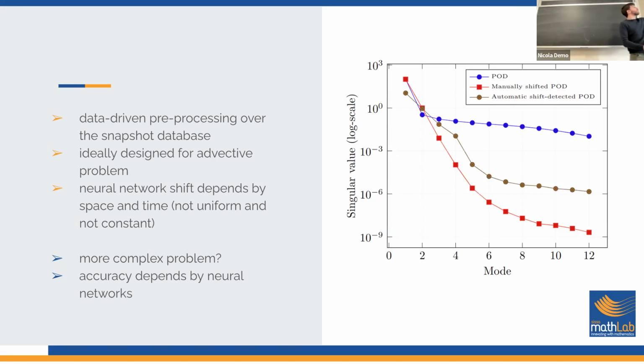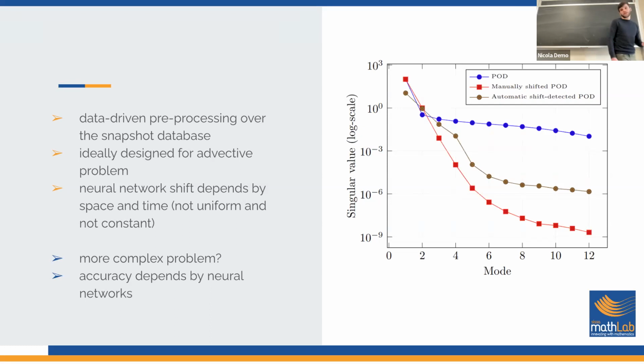It is of course well suited for advection problems. If you have a structural problem that is linear, please don't go for this solution, because I don't think it's able to improve your results. But if you have CFD, yeah, probably it's a nice try also.